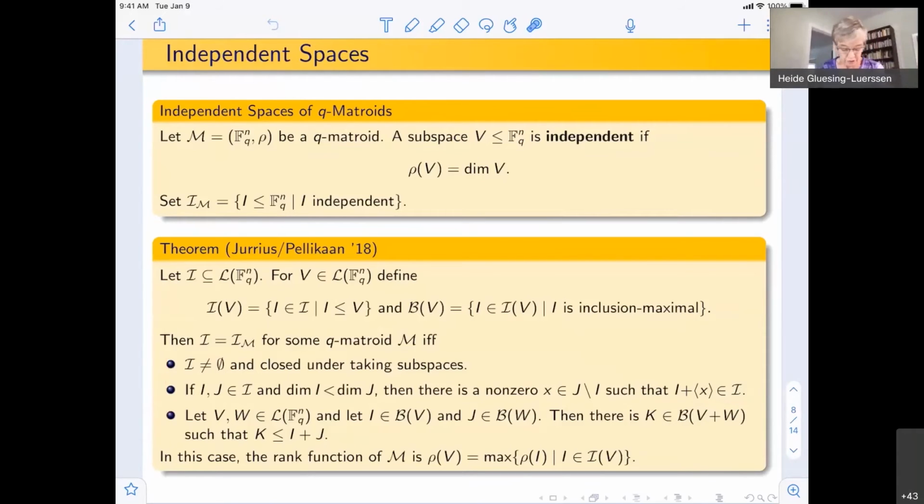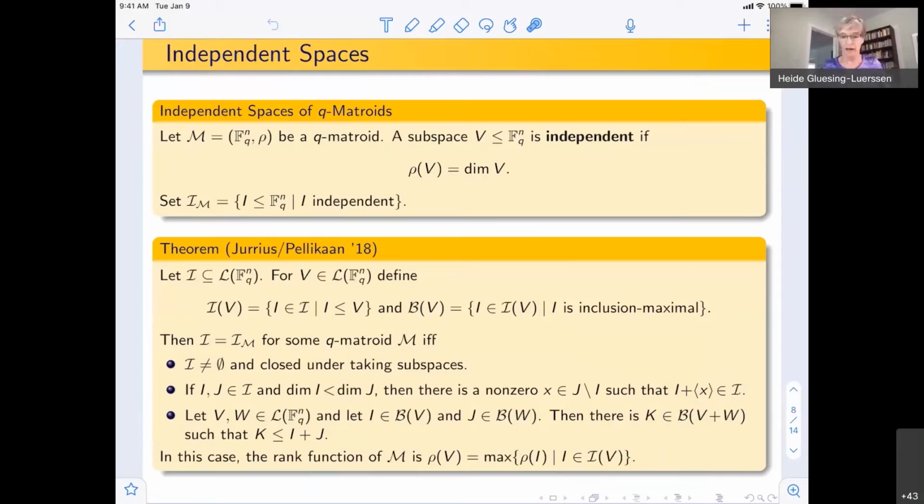It looks as follows: for any subspaces and any bases in these subspaces, there is a basis in the sum of the subspaces that is contained in the sum of the bases. So once more, if a collection of subspaces satisfies these three properties, then it is the collection of independent subspaces in the sense of a q-matroid. What is the q-matroid? Well, we just have to define the rank function in this form.